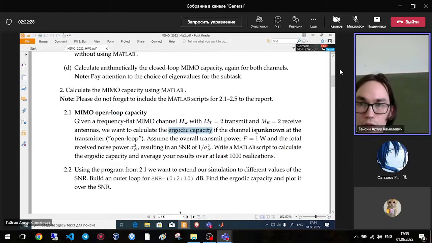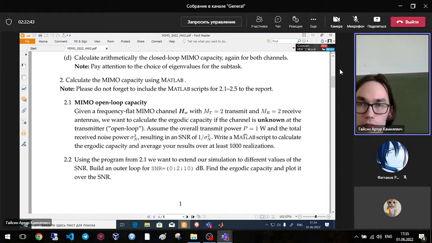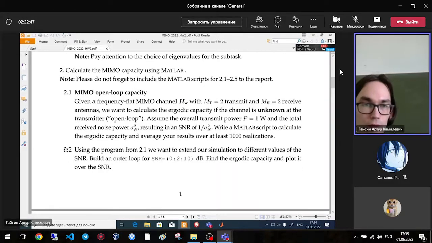We assume that the channel is unknown. And for this ergodic capacity, we should average the results over at least 1,000 realizations. Then we use this written MATLAB script in the second task.